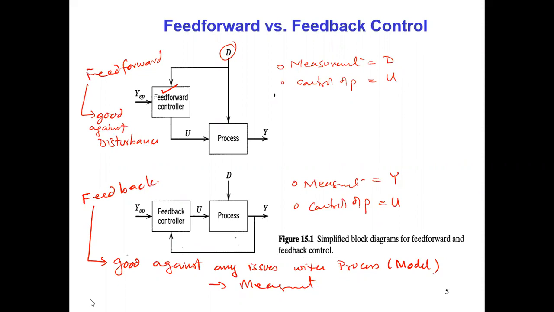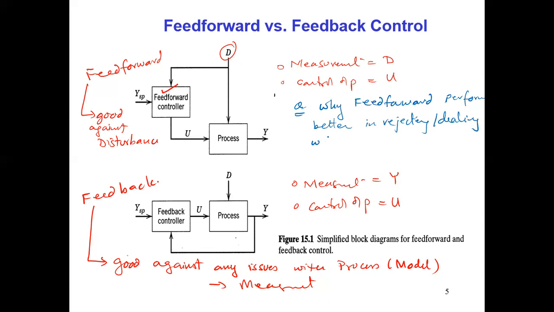By the way, now there is a question I would like to put here. Compare. Why does feed forward perform better in rejecting or dealing with disturbance as compared to feedback control?